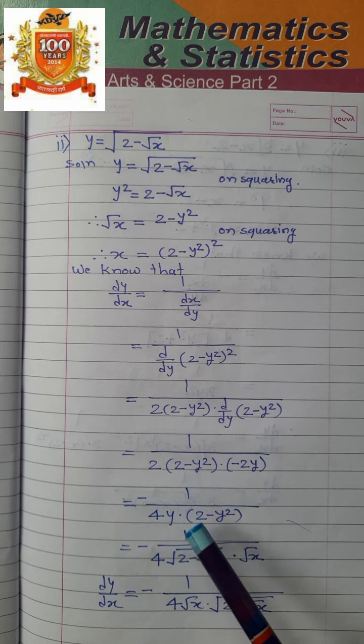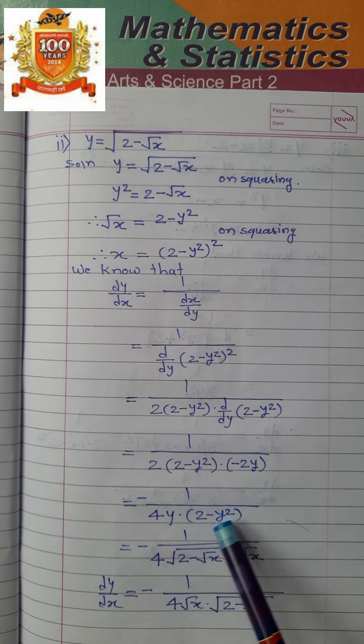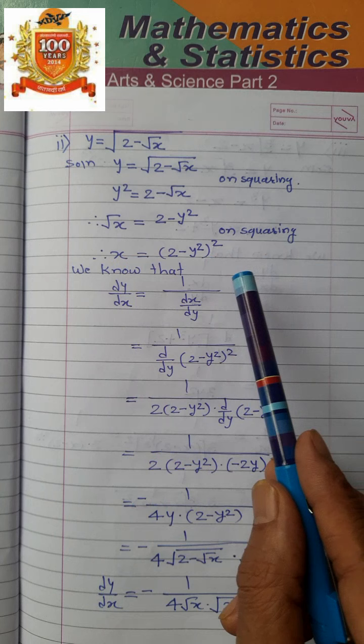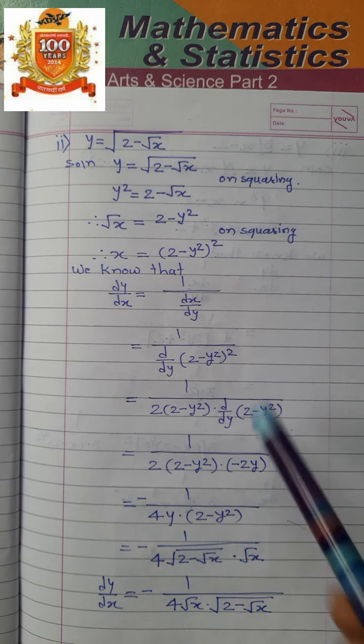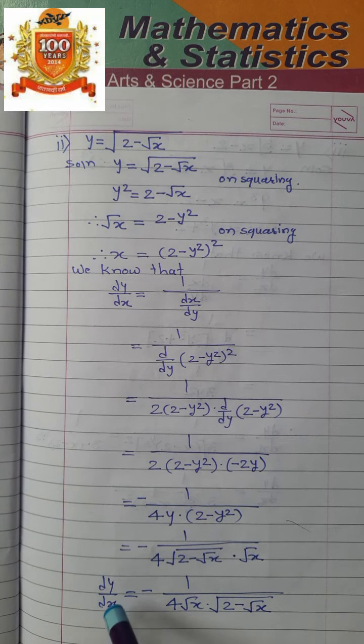What is the value of y? y is square root of 2 minus square root of x, into, what is the value of this bracket? 2 minus y square means root x. In this way, dy by dx is equal to minus 1 upon 4 into root x into square root of 2 minus root x. In this way, we can solve this sum, isn't it?